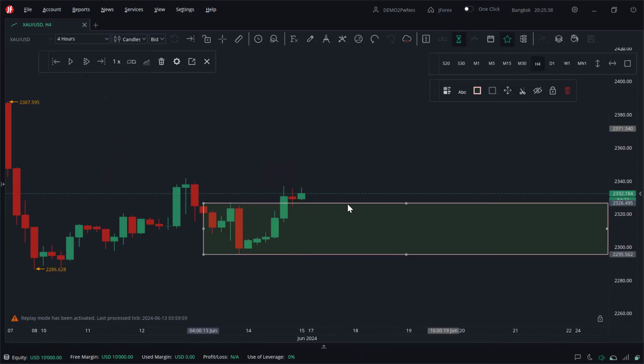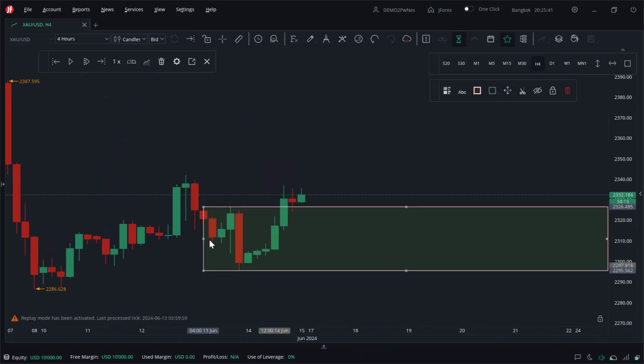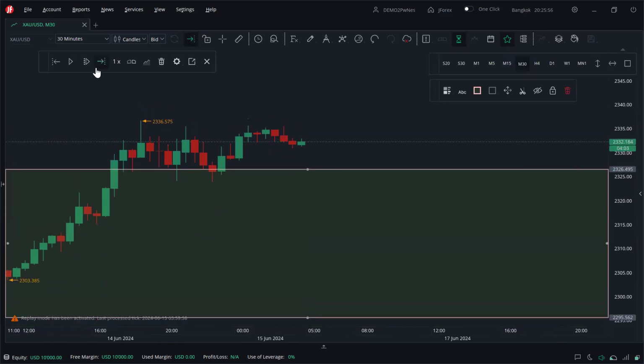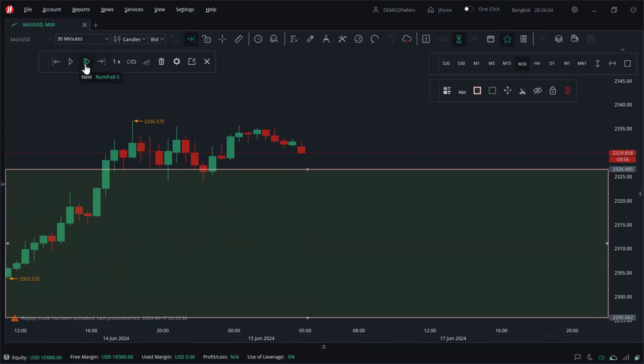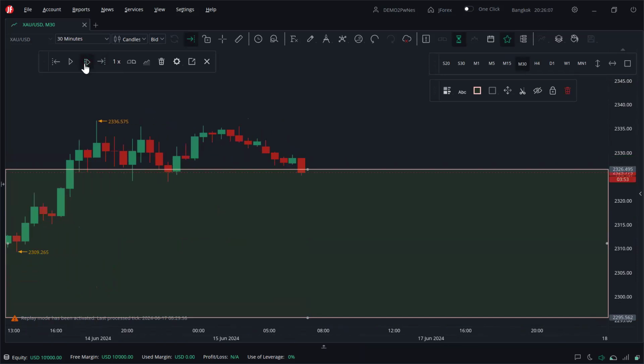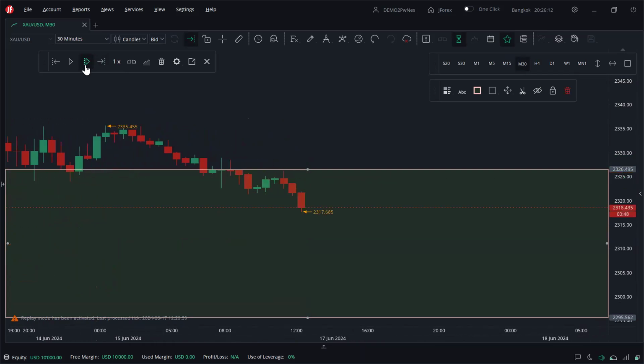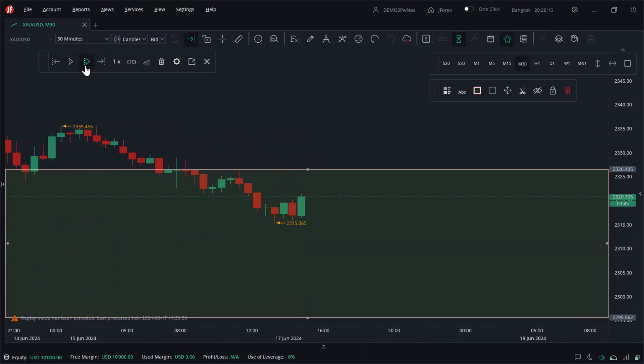This is daily. We go to H4. This is an H4 place and M30. We can get buys directly from M30, but it's also very high risk.